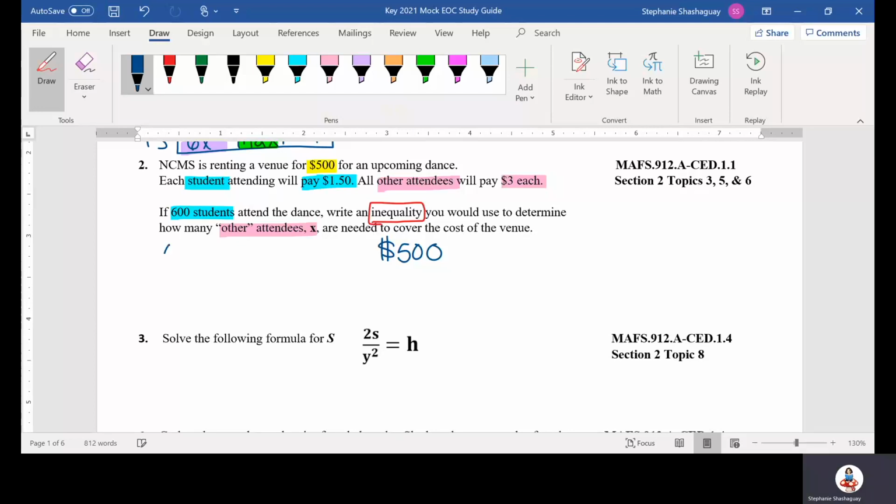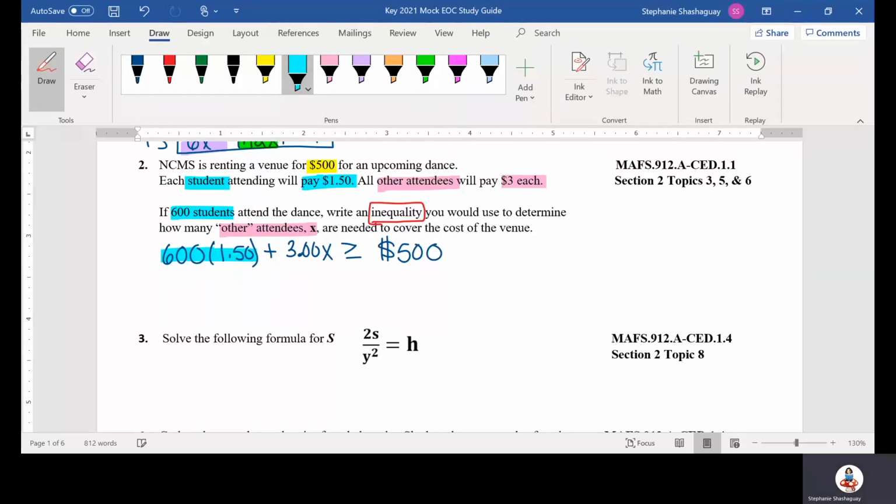So we're going to have 600, because there's 600 students, multiplied by $1.50. And then we're going to add that $3 times X. And that total needs to be greater than or equal to $500 in order to cover the cost of the venue.